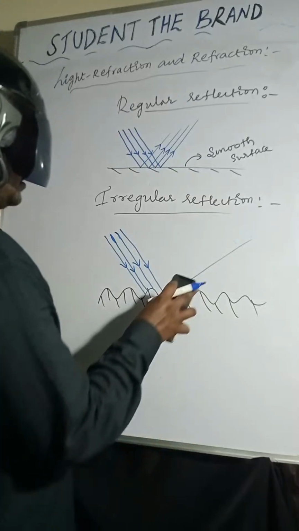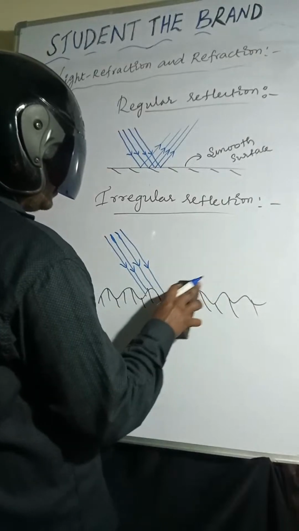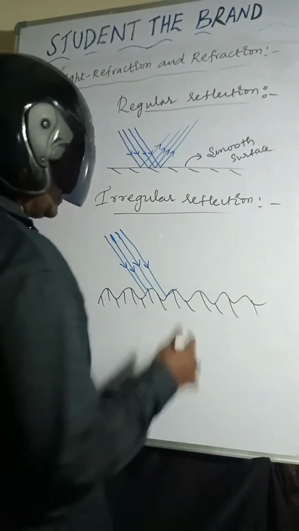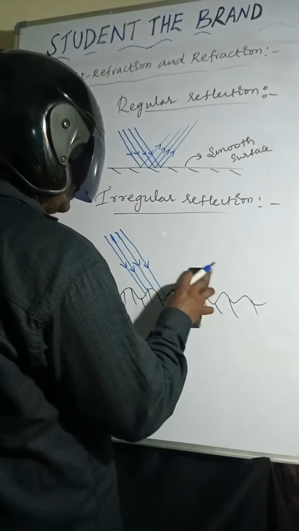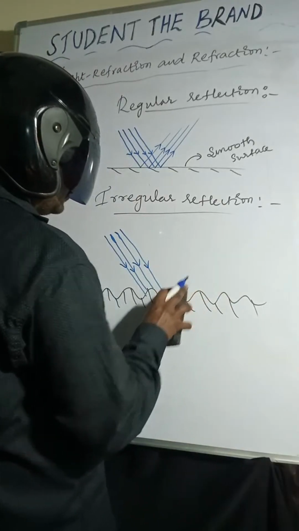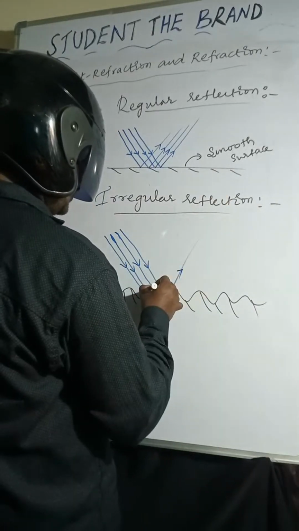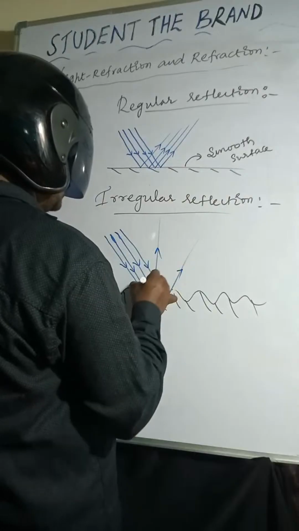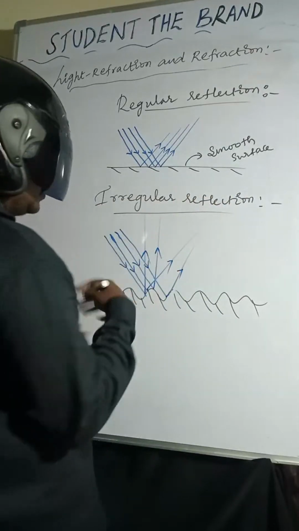Here you can see reflected light rays are moving in different directions. Here also they will move in different directions.